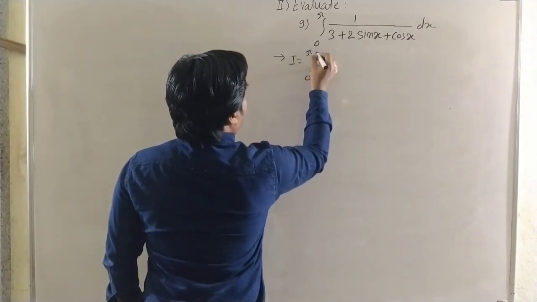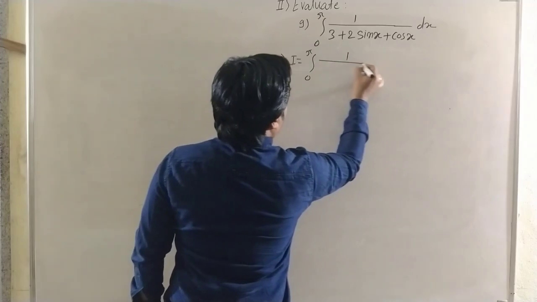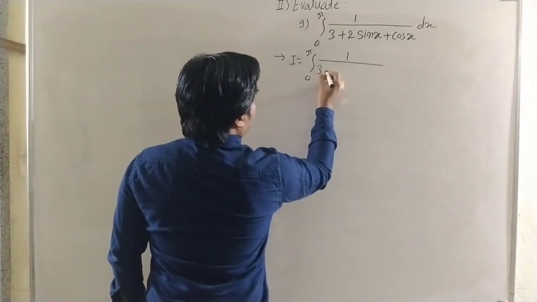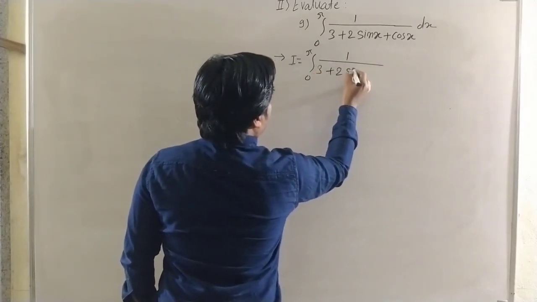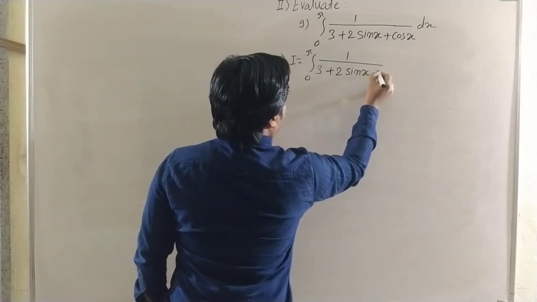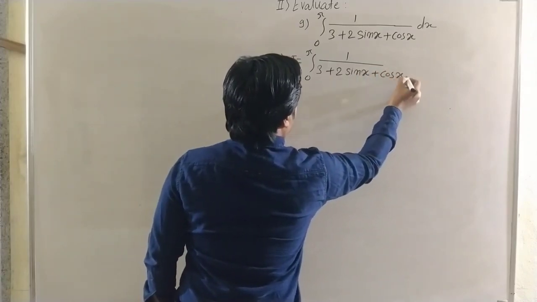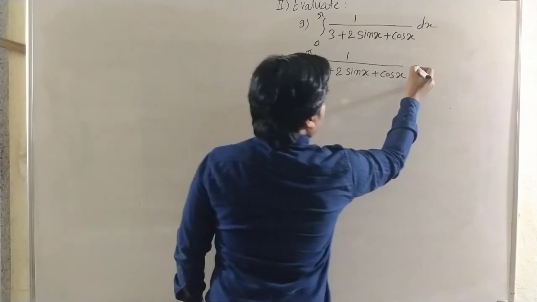Integral 0 to pi, 1 upon 3 plus 2 sin x plus cos x, dx.